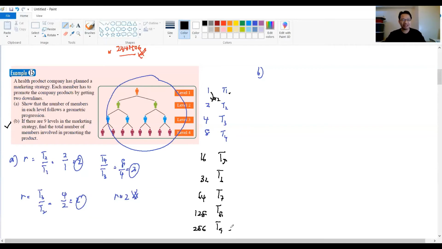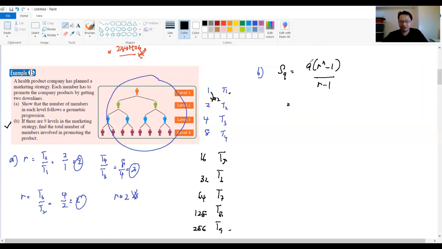So guys, if I want to use the formula, we have 2 formulas, right? I told you, when r is more than 1 and when r is less than 1. Look here, our r is 2, more than 1. So the formula will be S9 equals a(r to the power n minus 1) over r minus 1. Why do I use this formula? Because r is more than 1.